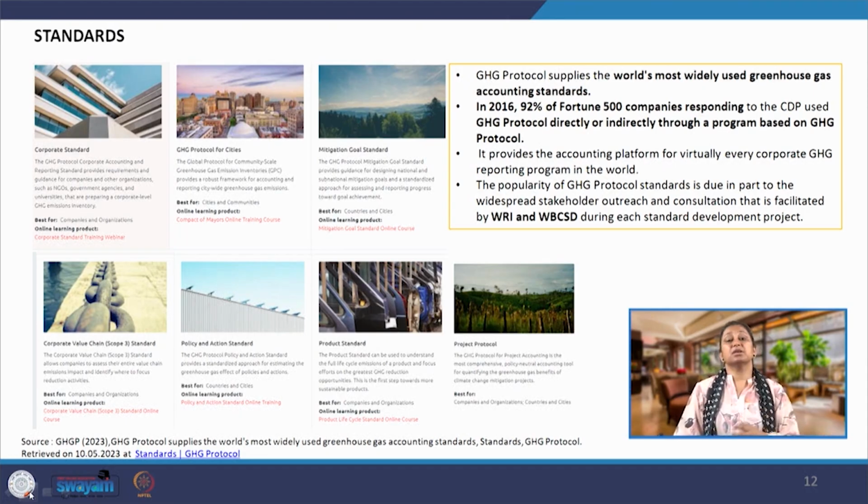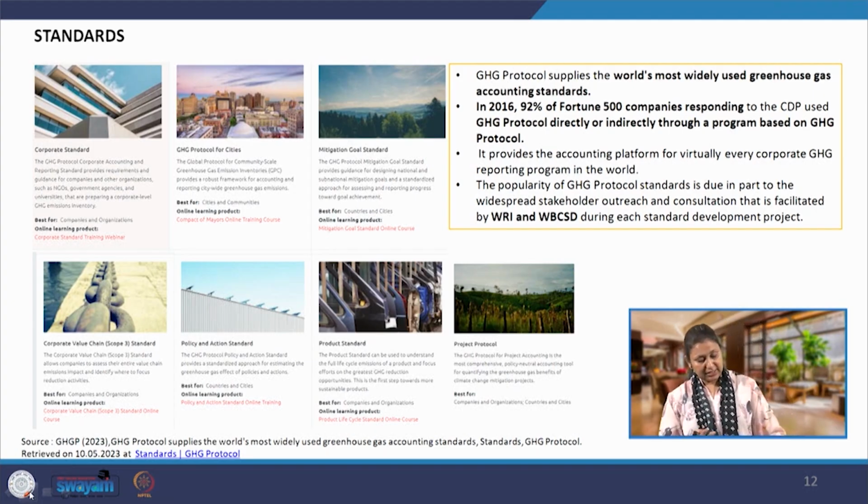So, governments and different companies have to formulate policies to achieve the targets of reducing GHG emissions. This particular standard provides them with a standardized framework on how to formulate the policies.